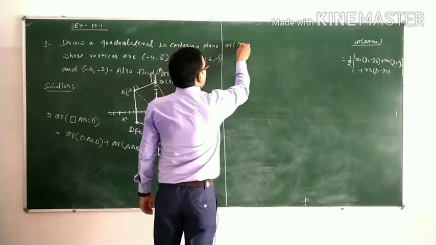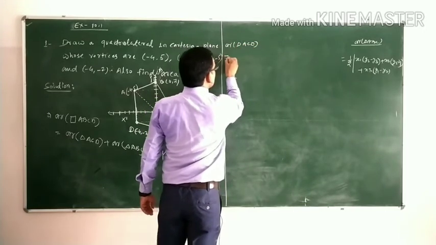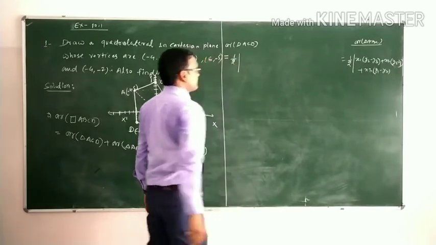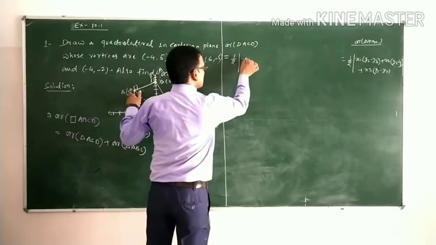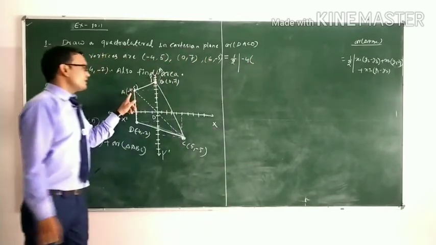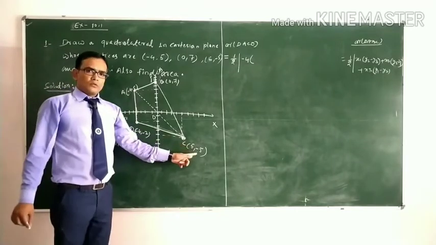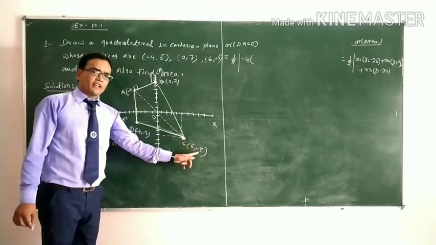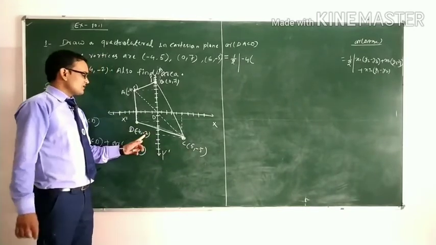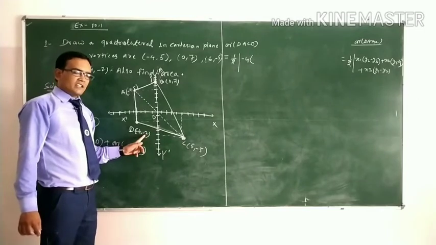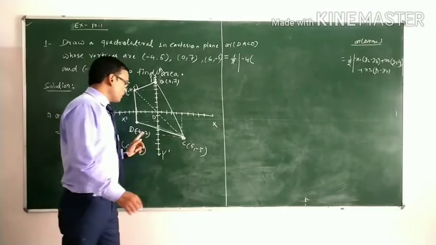Area of triangle ACD is equal to half mod of x1, that means minus 4, into (y2 minus y3). y2 is minus 5 and y3 is minus 2, minus 5 minus minus 2 gives the value minus 3.